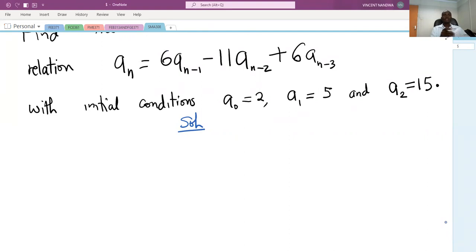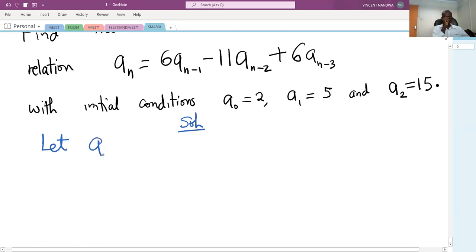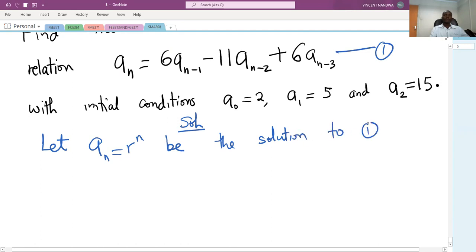is a non-zero constant. So let a_n be r to the power n be the solution. Let me call this one 1, where r is a non-zero constant.